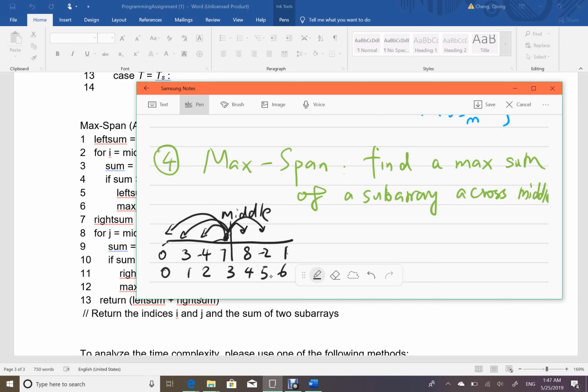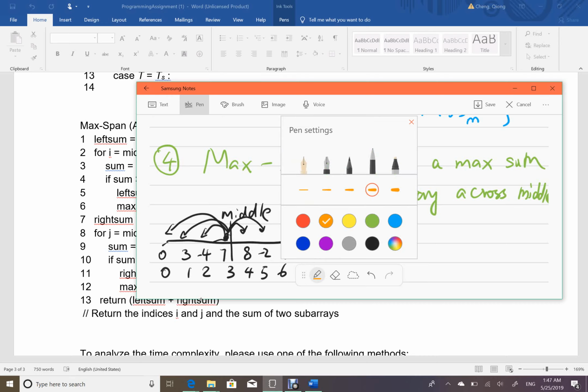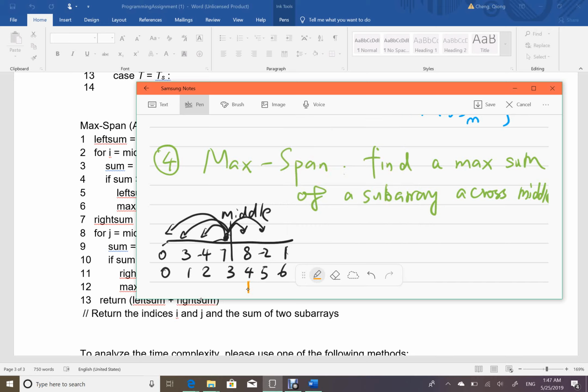In that case, you may say, okay, so definitely this day you want to sell, right? This day you want to sell, and which day do you want to buy? Maybe this day you want to buy, right? So if we draw the picture, for example, this is the price.